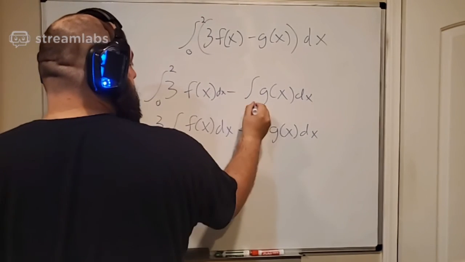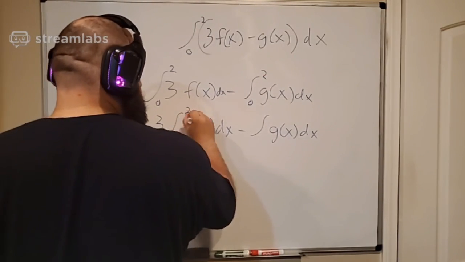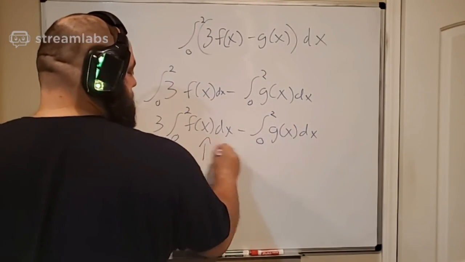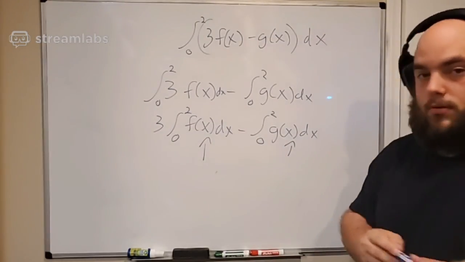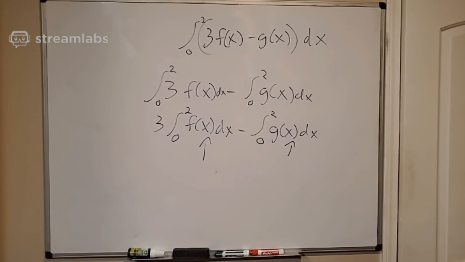They gave us both of those values, so you just plug them in, multiply the first one by 3, and then subtract them. Everybody good with that now? Questions? No, that helps a lot. No problem.